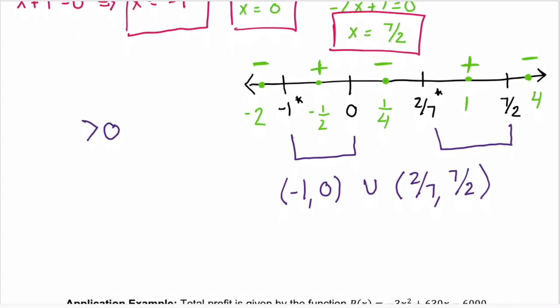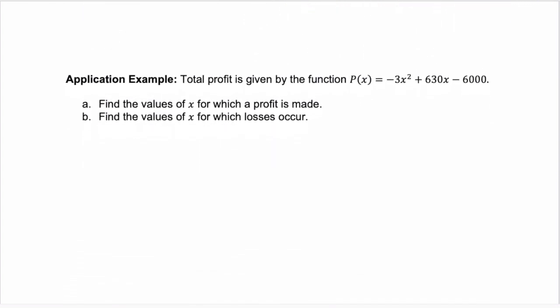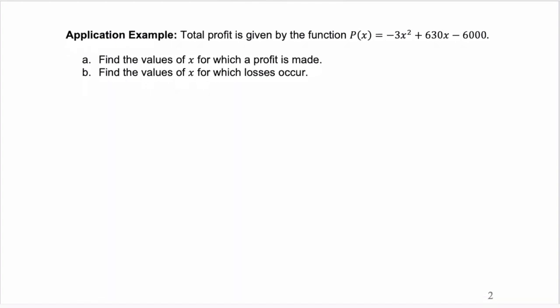Not too bad. Let's look at an application example, a word problem. We're given a function that represents the total profit, and we're asked to find the values of x for which the profit occurs and when losses occur. Well, what we need to do is just solve that polynomial, get our critical values, and then use some test values.